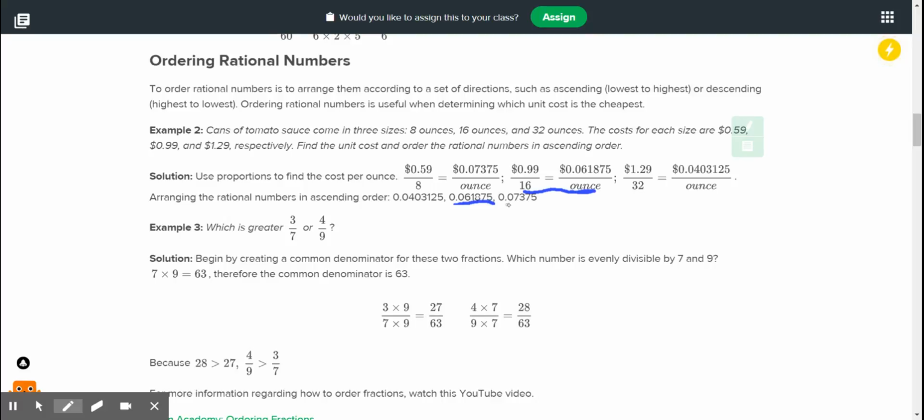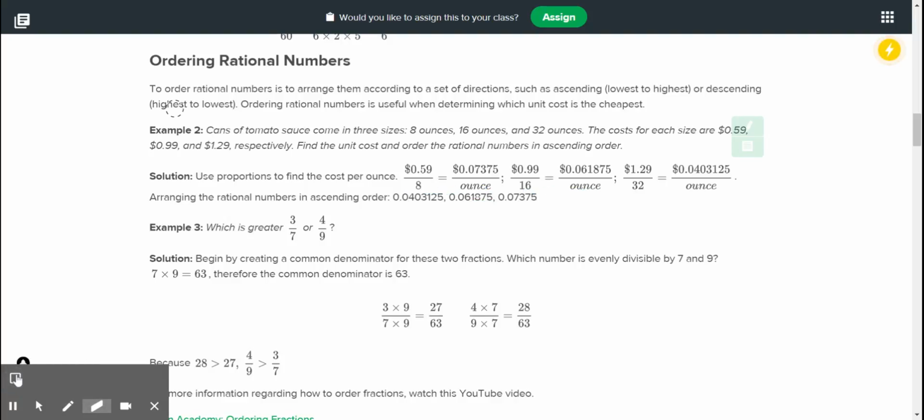And then our 0.07375, which was our 8 ounces. So as we arrange them from smallest to greatest, we found the unit cost and we arranged them from the smallest to the greatest. So now let's look at example number 3.